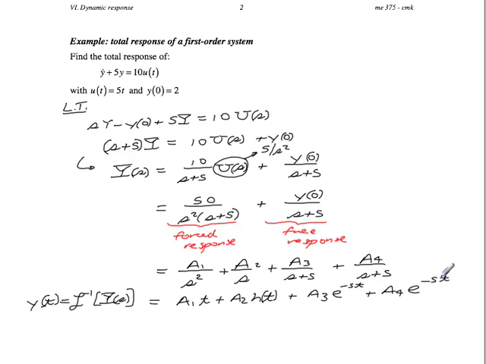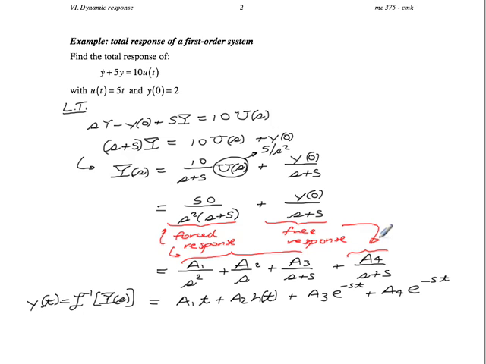So what we can see from here is that our forced response was really embedded in our first three partial fractions. Okay, and our free response gave rise to that fourth term there.